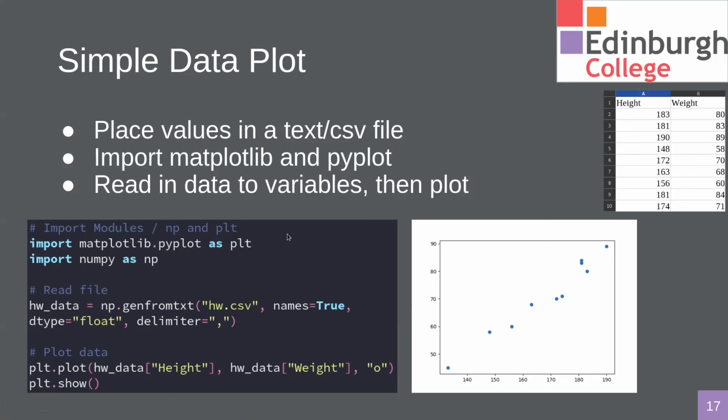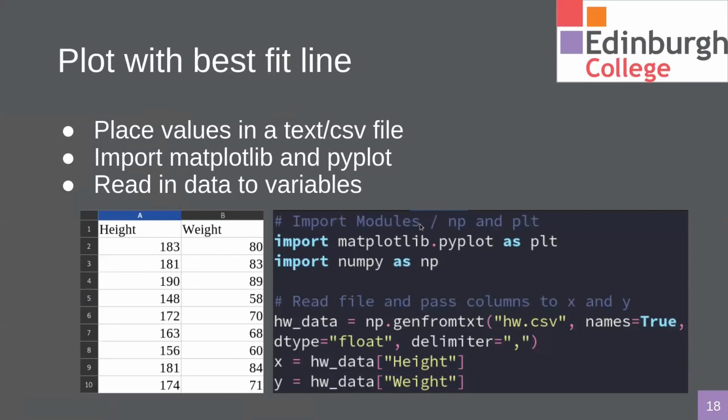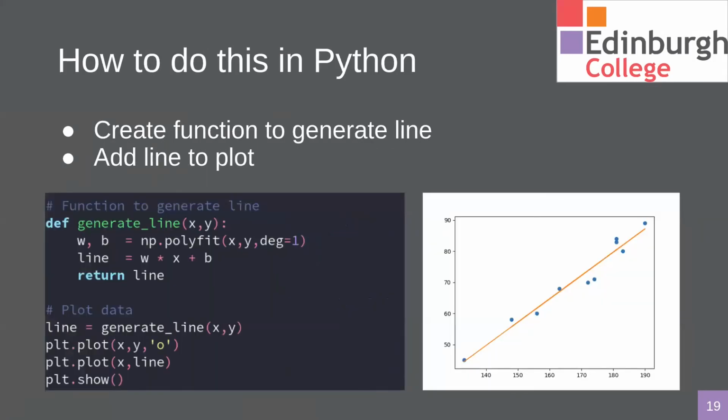So this Python code here will give us a really simple plot, but moving forward, if we add a little bit of extra code to this and use a thing called polyfit, it will give us the best fit line. I've added an example function, numpy.polyfit, there, and that'll show us how to do the best fit line.